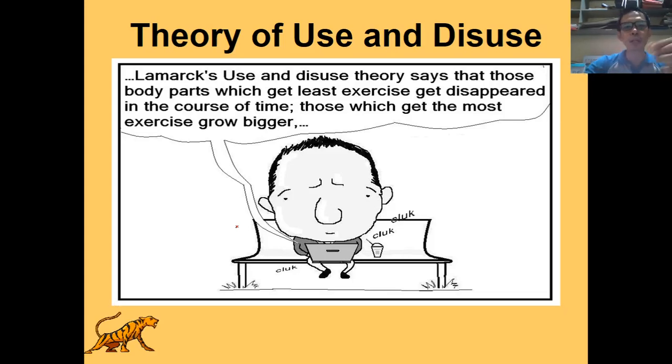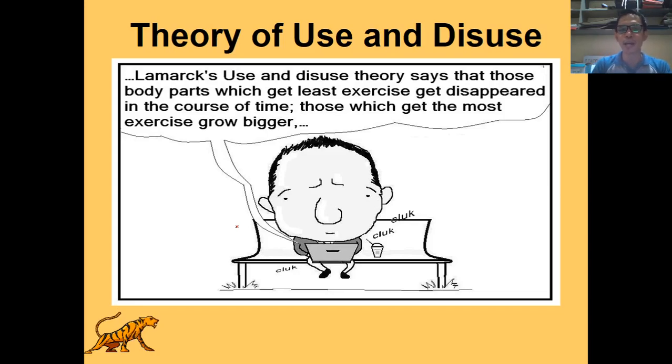Just like what Lamarck says in the theory of use and disuse, the part that is least used will disappear over time. This explains why snakes don't have legs. According to him, snakes long time ago had limbs, but they tended to slither around instead of using them. So these limbs were not used frequently, and over time they tended to disappear.